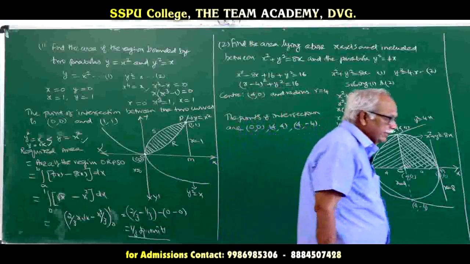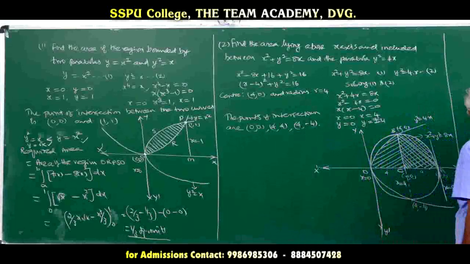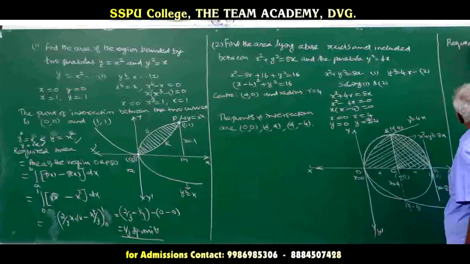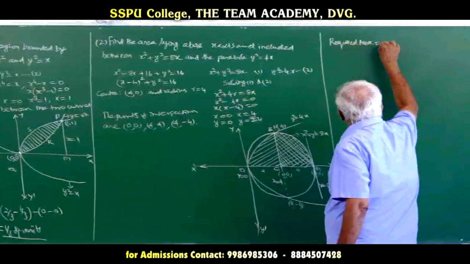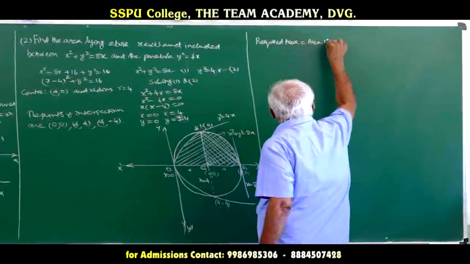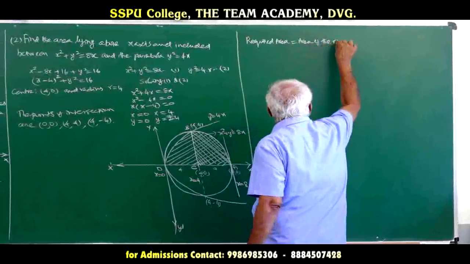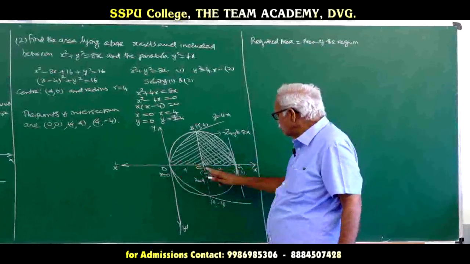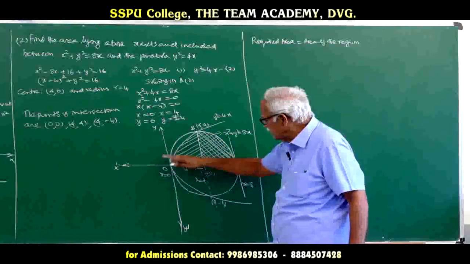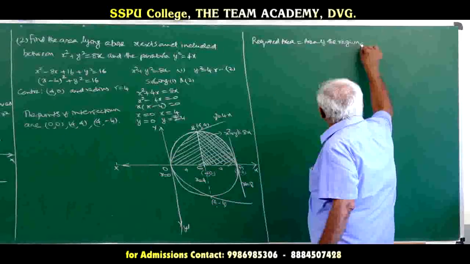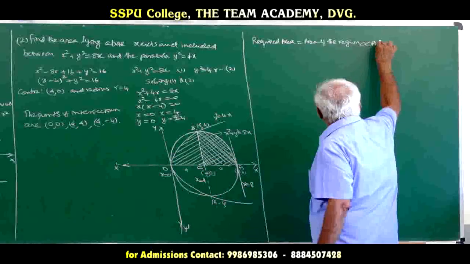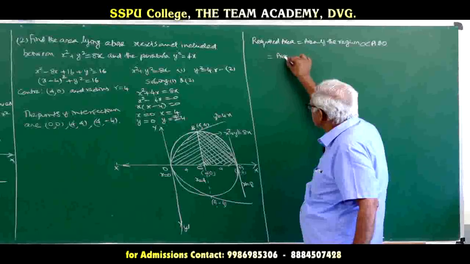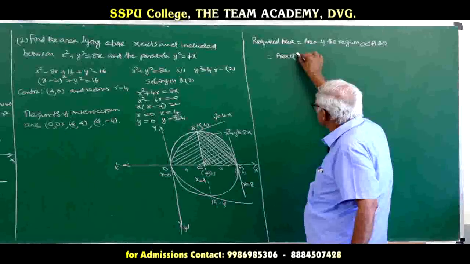Now, the required area is the area of the region OCABO. Now, this area is split into 2 areas.